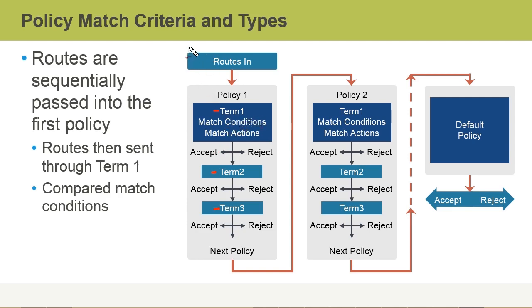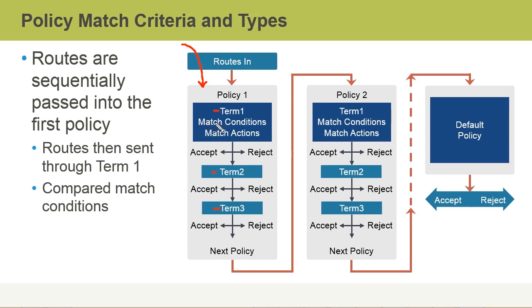So when routing information comes into my device, let's say for instance, it's OSPF routing information. When that comes into my device, the device is going to read the first policy, and the first policy has its first term, which is some form of criteria that it's looking for. Let's say that it's checking to see if the protocol for this routing information is OSPF, and if it is, then we want to accept the routing information.